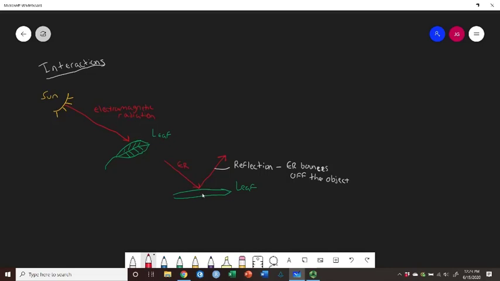The second thing that can happen is that the electromagnetic radiation simply passes completely through. You'll see that I did it in dotted lines so you can see the leaf still, as it just goes completely through, and it doesn't really do anything to the object at all. So when it just goes through, this is called transmission.